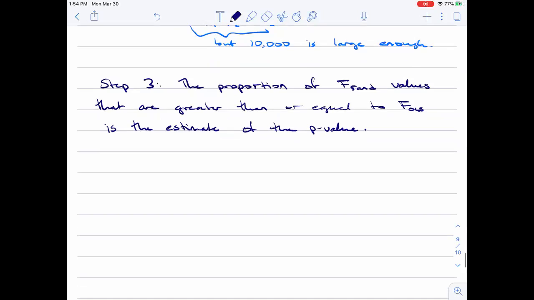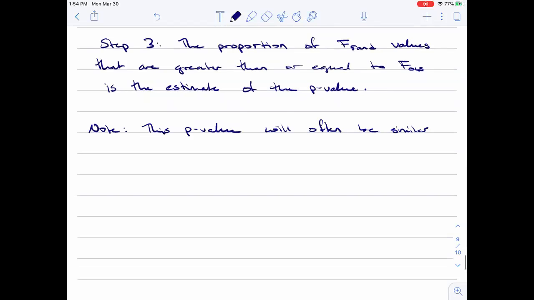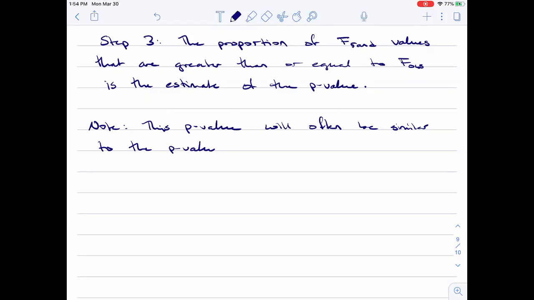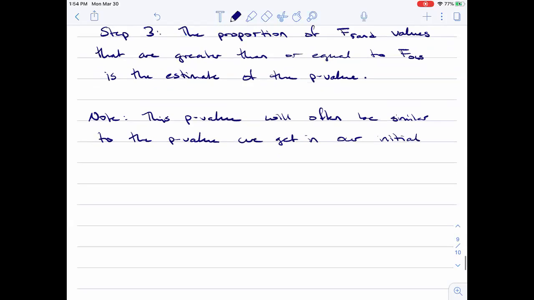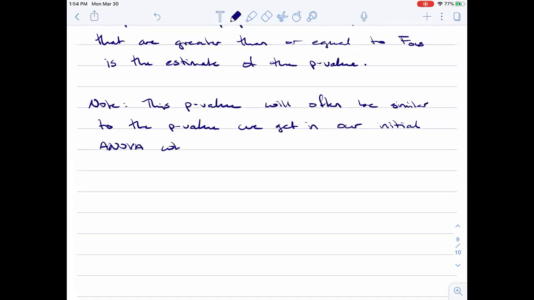This p-value will often be similar to the p-value we get in our initial Anova where we find F observed.